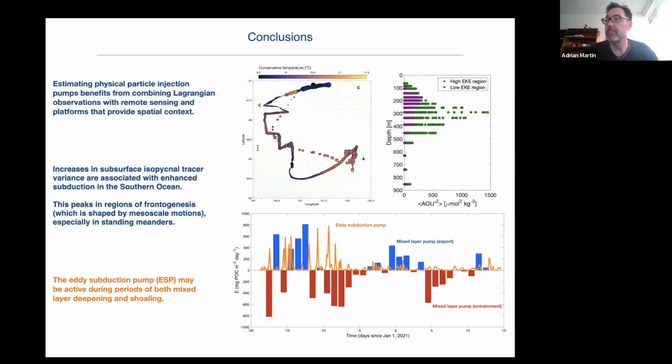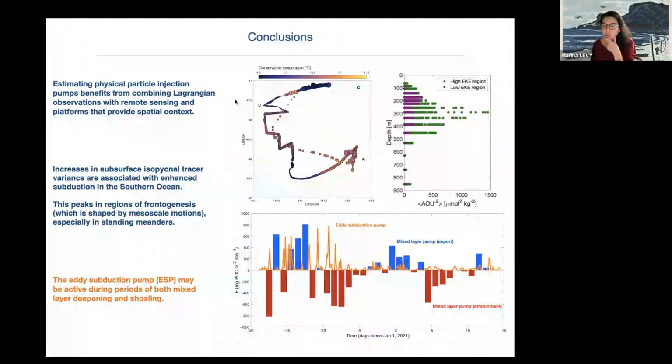Sure. Hi, thanks, Adrian. Hi, Andy. I'm really glad that I finally get to see exactly what you've been estimating. Thank you. I was curious because of the different views on the eddy subduction pump. Yours is always positive, but when you think of it as the effect of the vertical w's, they go both upward and downward.